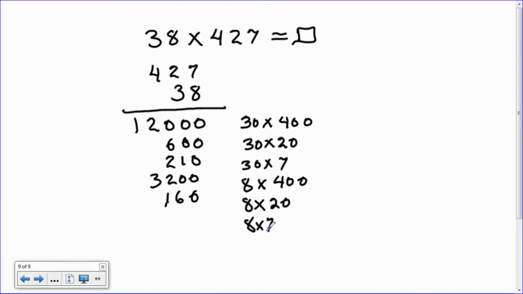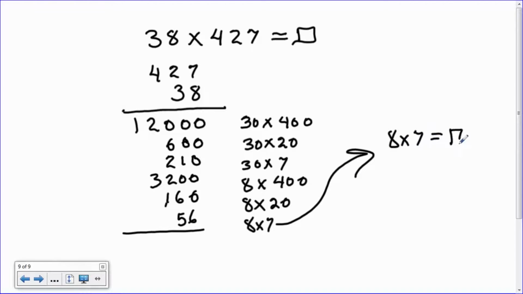And finally, 8 times 7. If they don't know that it's 56, then they go up here and they're going to figure out what 8 times 7 is. They're going to use some backup plan to figure out what 8 times 7 is. It could be one where they say, well, let me find 4 times 7. I know what that is. 4 sevens is 28, and I want 8 sevens, so I've got 4 more sevens to find. That's 28. And these two together are 40 and 16, which is 56.